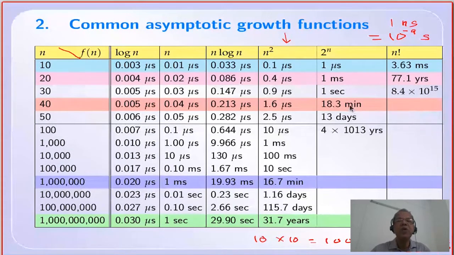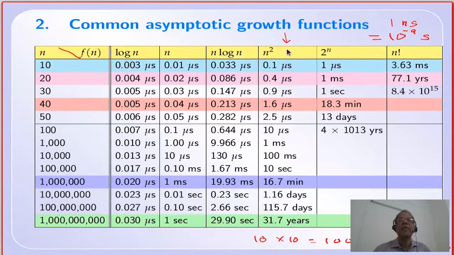That algorithm is not useful. From 40 it goes to 50, we are finished. 13 days, you have to wait for 13 days for the algorithm to finish, even for an input size of 50. Therefore, we can conclude both factorial running time and exponential running time algorithms are practically useless, except for very small input sizes such as up to 30 or 40.